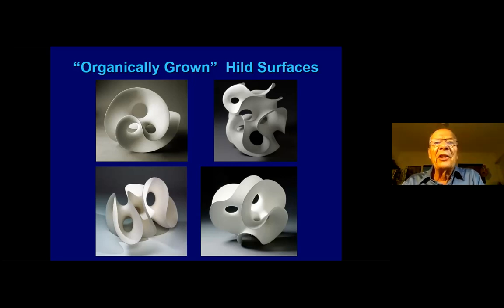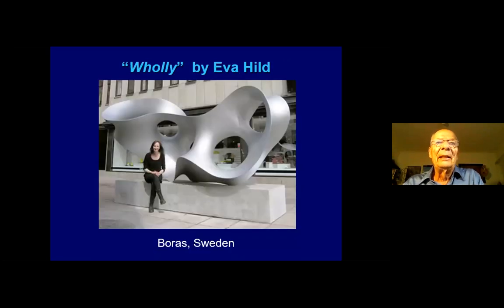Those forms then just grow organically around some envisioned inner space. Eva reports that often she is surprised herself by what the final shape turns out to be. I just want to leave you with this thought that you can also have a whole lot of beauty even without any symmetry at all.